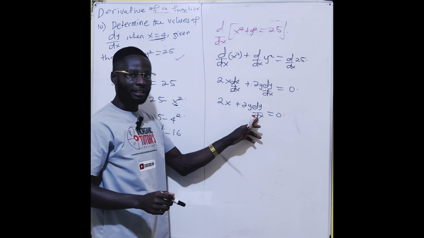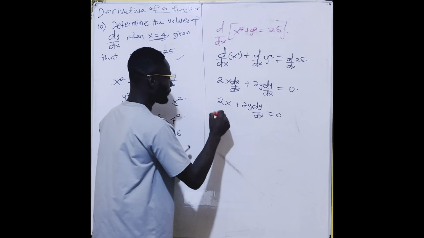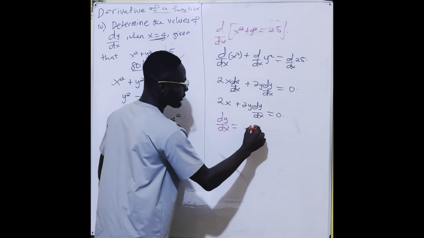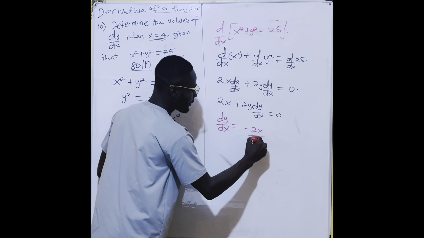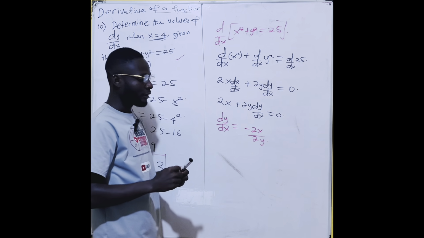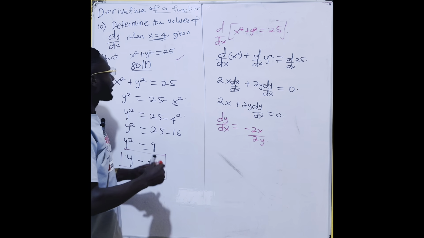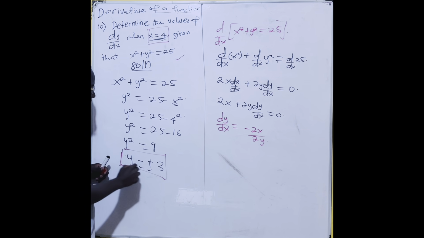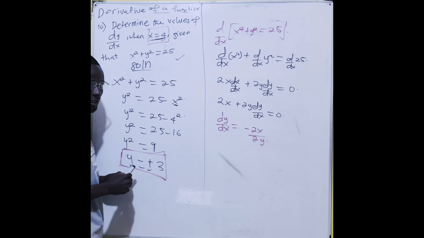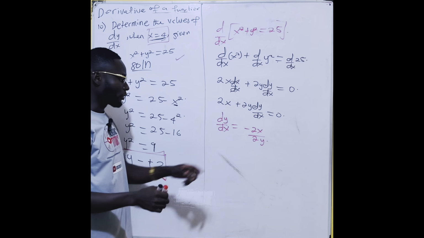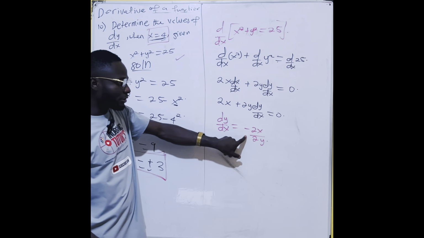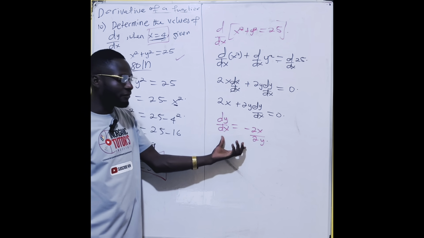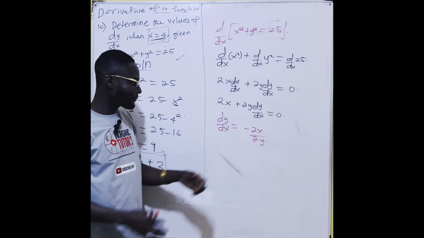So, making dy dx the subject, then we are going to have dy dx to be equal to negative 2x over 2y. Now, we have the value of x to be 4, and we have the value of y to be plus or minus 3. So it means that we are going to substitute the value of x and the value of y to find the values of dy dx.